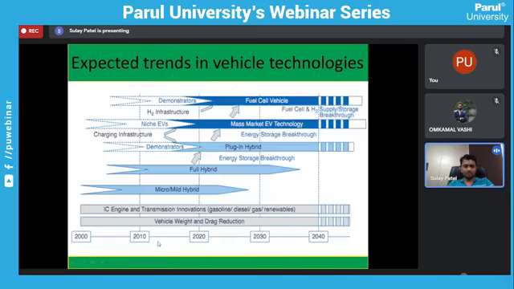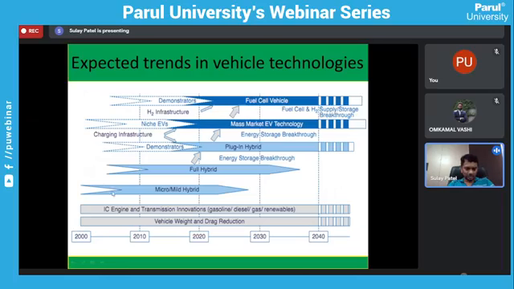So now let's begin with the expected trends in vehicle technologies. This is the expected trend from 2000 to the future; I have made this slide with the future aspect in mind. You know that IC engine and transmission innovations and gasoline developments are going on and on. Vehicle weight and drag reduction is also a key aspect of vehicle design, so it will continue to be a research area.